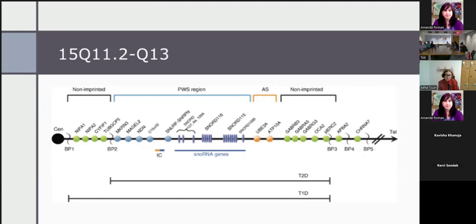In Prader-Willi, the basic defect may be absent activity of a transcript on the paternal chromosome 15, which codes for a particular cluster of genes known as HBII-85, a small nucleolar RNA, also known as snoRNA, and that's depicted right here, the snoRNA genes.